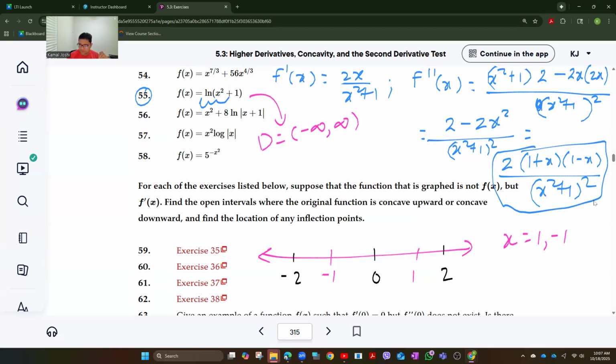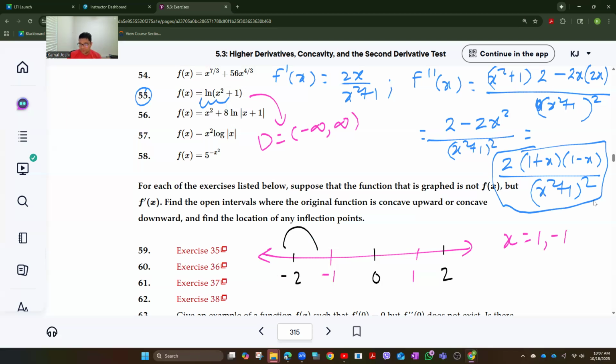If you go to minus 2, 1 plus x will be negative at x equals minus 2. 1 minus x will be positive because x is minus 2. So negative times positive, it will be negative, concave down.